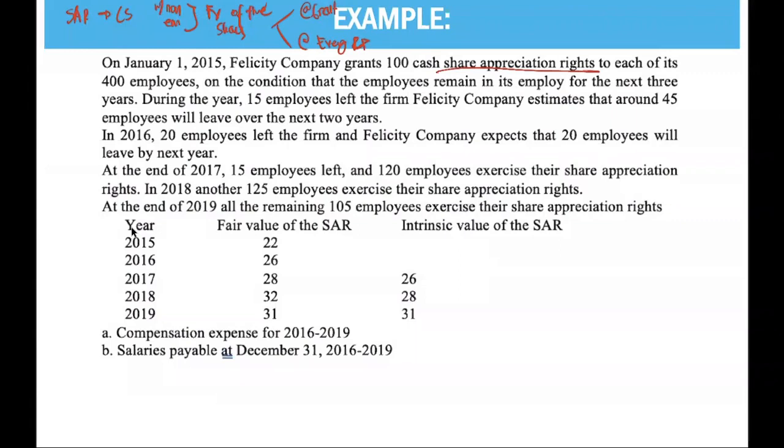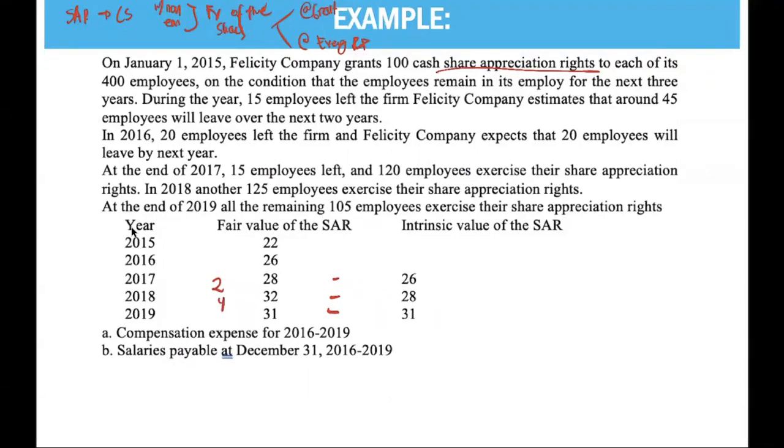The share appreciation happens whenever the vesting condition is already met. So here, 3 years, that is 28, 26, 32, 28, 31, 31. So we have here a difference of 2. Here we have a difference of 4.